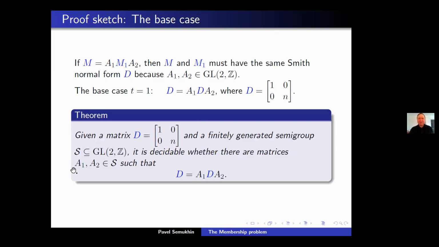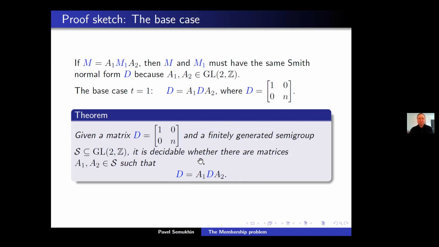Basically, we want to show this theorem that for a given D of this shape and for any finitely generated semigroup S from GL2(Z), it is decidable whether there are matrices A1, A2 from S which satisfy this equation.